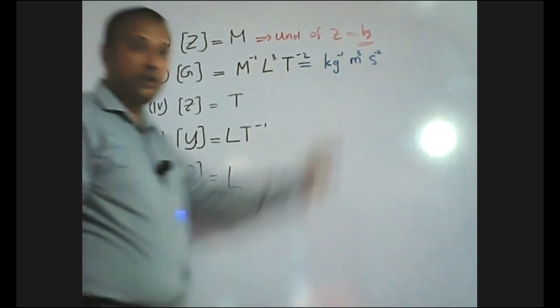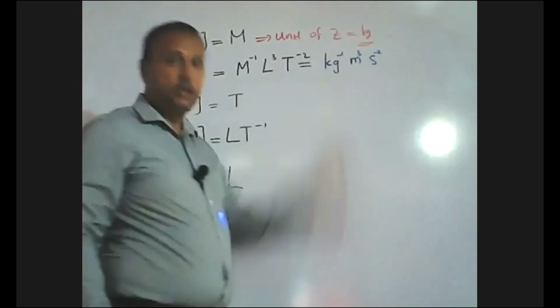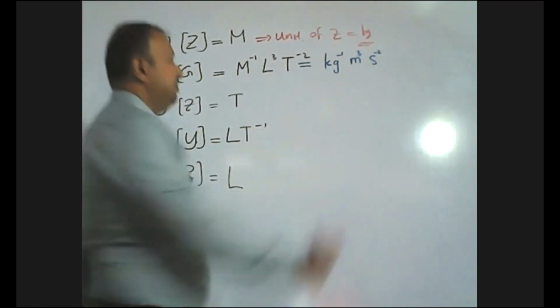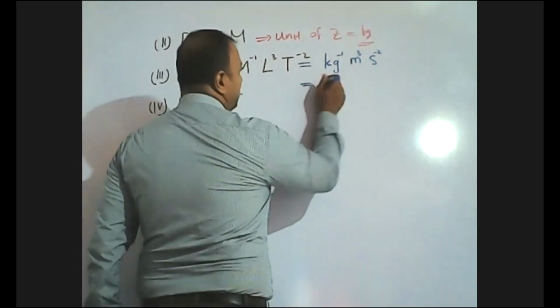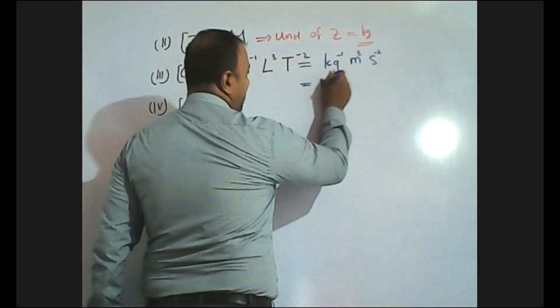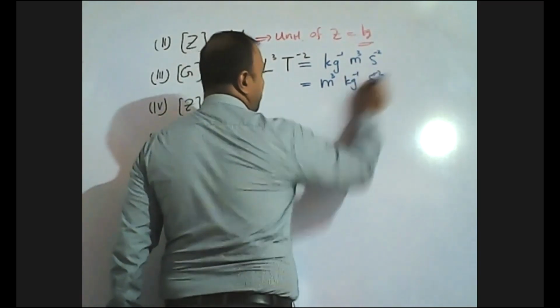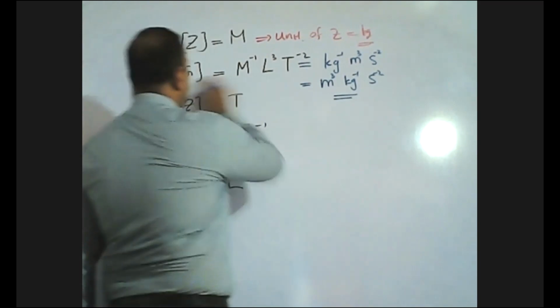In this case, we have to take the highest power to the front, as this is a unit. So m is squared, kg minus 1 is minus 2. So this is the unit of G.